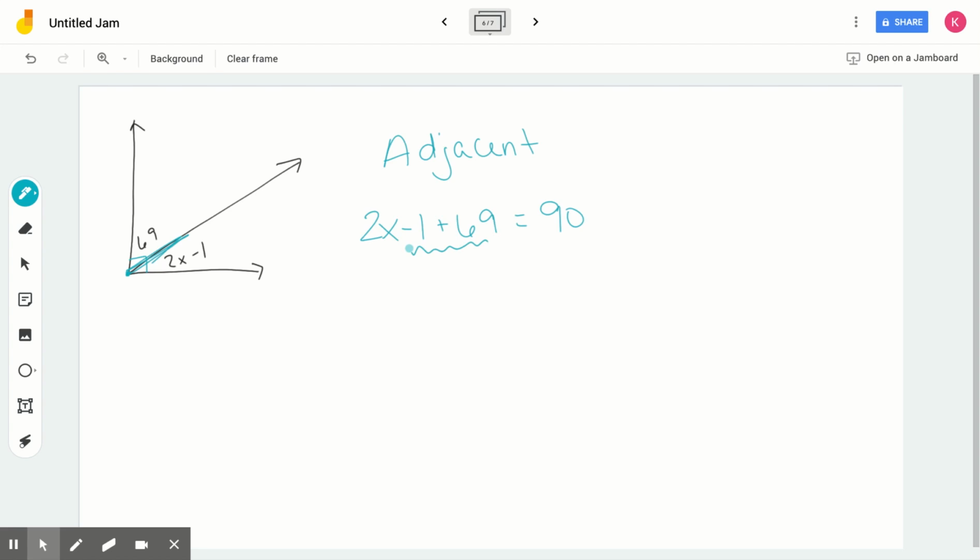Negative 1 plus 69 is 68. Subtract that from both sides. 2x equals 22. So x equals 11. The value of x for this example is 11.